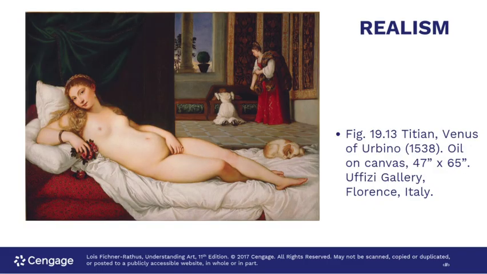I have one more Manet painting that I want to show you, but before we go to that, I just want to show you once again the Venus of Urbino by Titian, because this painting really was an important painting for artists as a departure point in terms of reinterpreting it with regard to the reclining nude. So Titian's painting was commissioned by the Duke of Urbino for his private quarters.